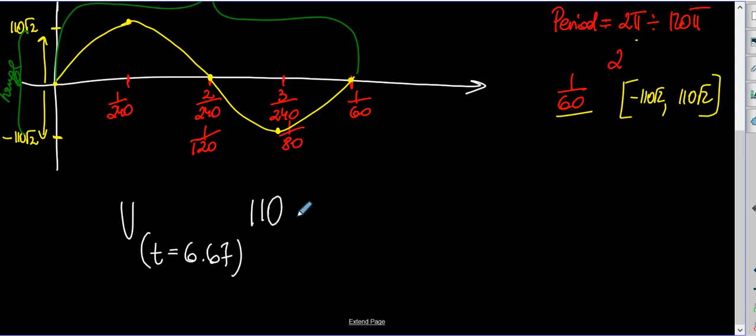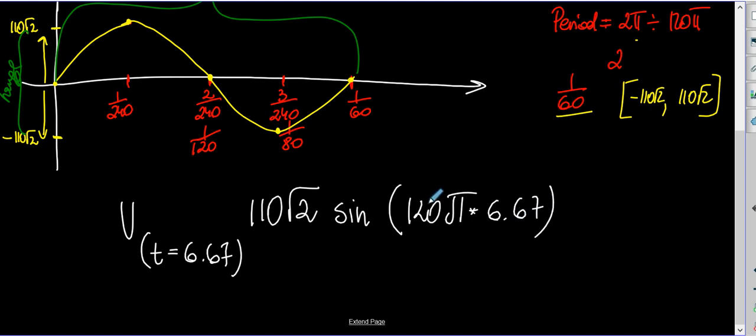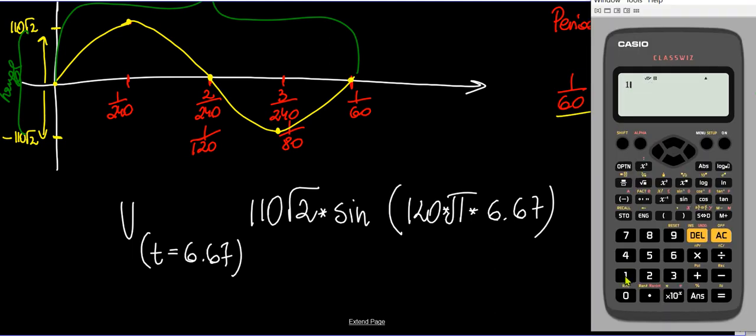That will be 110 square root of 2 multiplied by sin of 120 pi multiplied by 6.67. So let's find out 110 square root of 2 multiplied by sin of 120 multiplied by pi multiplied by 6.67.